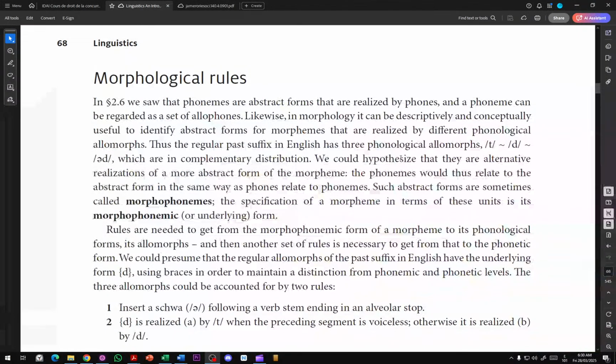We could hypothesize that they are alternative realizations of a more abstract form of the morpheme. The phonemes would thus relate to the abstract form in the same way as phones relate to phonemes. Thus, abstract forms are sometimes called morphophonemes. The specification of a morpheme in terms of these units is its morphophonemic form or underlying form.